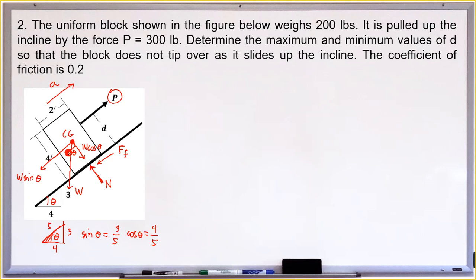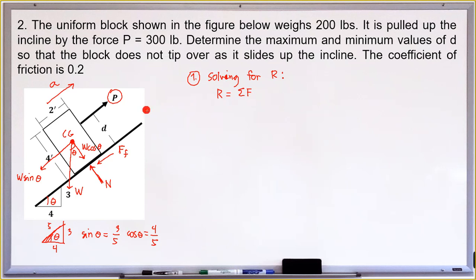So the second step is to solve for the resultant R. Okay, so R is equal to the summation of forces along the axis that is parallel to the direction of motion.